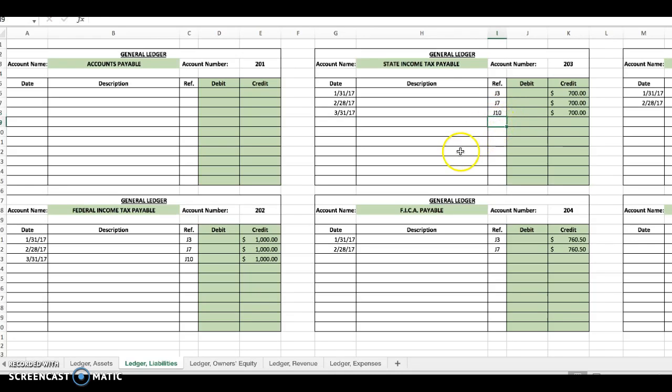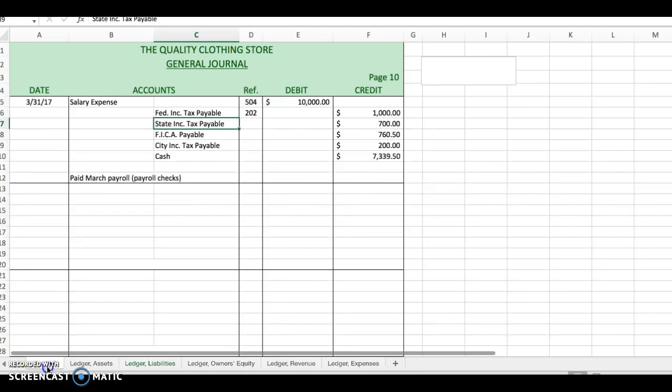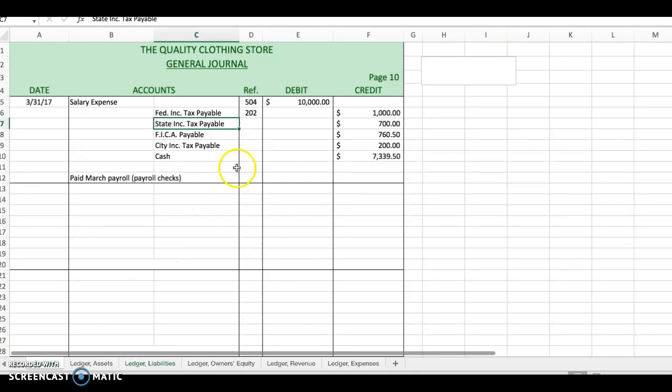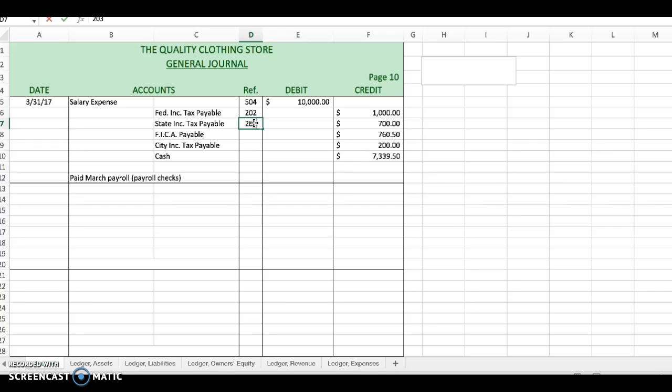Journal page 10. Back to the journal, which is page 10. And whoops, I didn't double check this. State income tax payable was account 203. So back into the journal, account 203. FICA tax payable, $760.50.